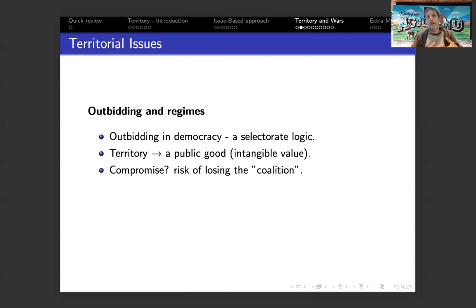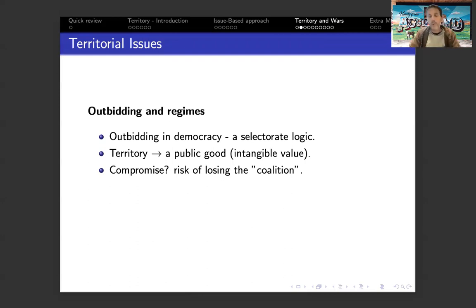Now, in those kinds of dynamics, leaders in democracies that consider compromising over territorial issues face outbidding behavior by their rivals, right? That's going to emphasize the hardline approach. We should not compromise on those kinds of things. And because they are at risk of losing the support of their winning coalition, they're less likely to compromise.